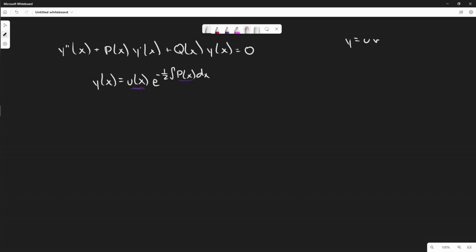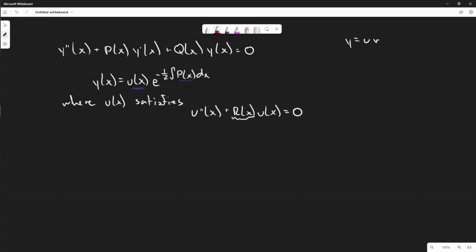Well, u of x is a second order linear homogeneous ODE that satisfies the ODE u double prime of x plus r of x times u of x equaling 0. As you can see, now we have another variable, r of x. Again, that is a function as well.